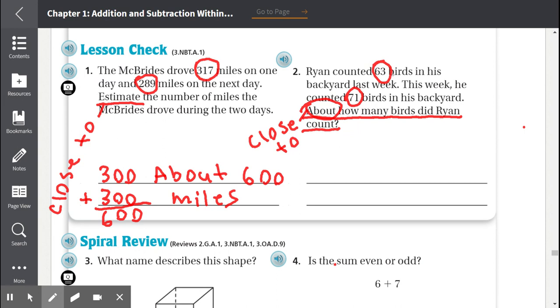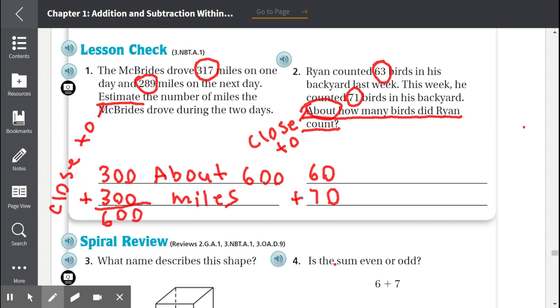So 63 rounded to the nearest tens would be between 60 and 70, but it's closer to 60. So 63 becomes 60. Now 71 is between 70 and 80. It's closer to 70, so we round it to 70. Now, how many birds did Ryan count?